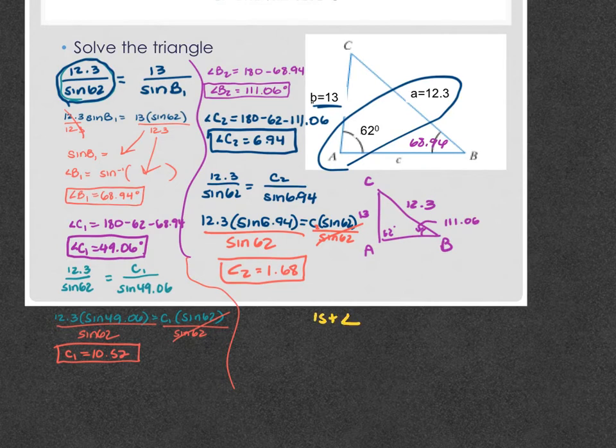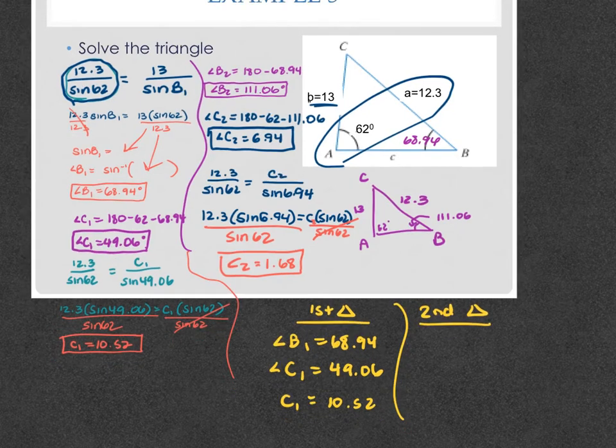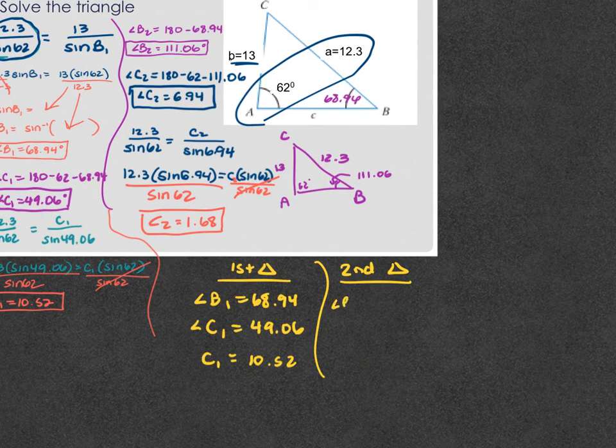The first triangle that had angle B1, angle C1, and side C1. And then the second triangle that has angle B2, angle C2, and side C2.